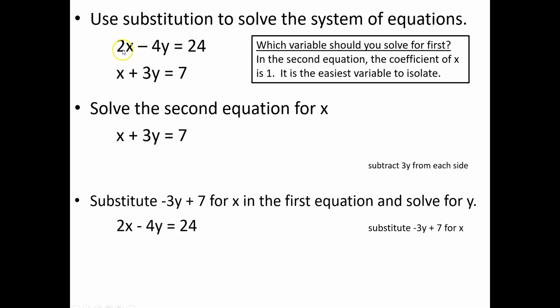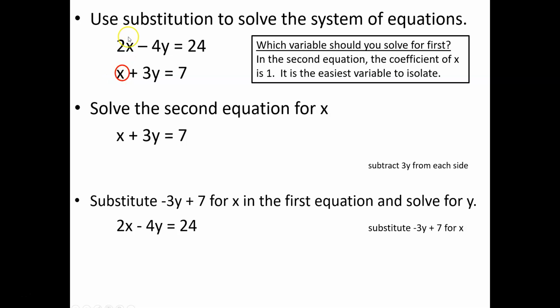Okay, in this case, we have our strawberry, but it's not all by itself. We still have to get that strawberry by itself. Okay, we know how to do that. You could have picked a Y, or you could have picked this X, but this X is the easiest because there's nothing in front of it. The coefficient is 1.